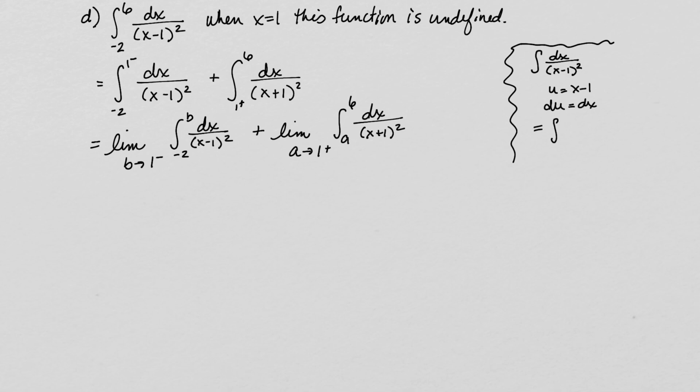So this is going to be the integral of du over u squared, or the integral of u to the minus 2 du, which is u to the minus 1 over minus 1. So this is going to be minus 1 over u, which in our case is going to be minus 1 over x minus 1.